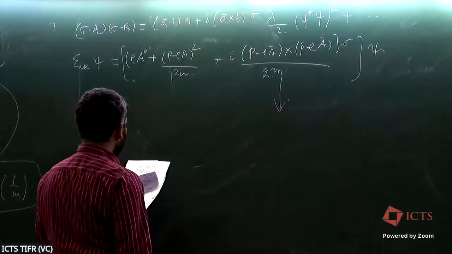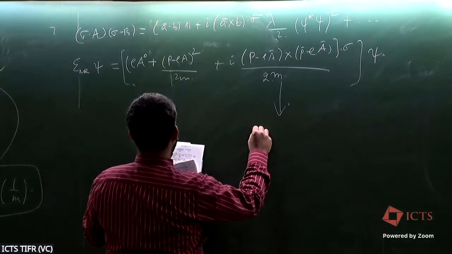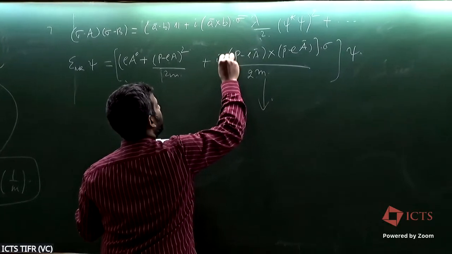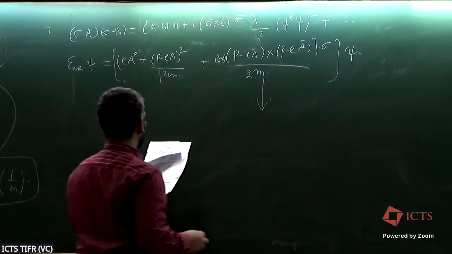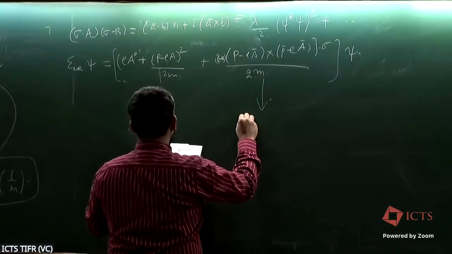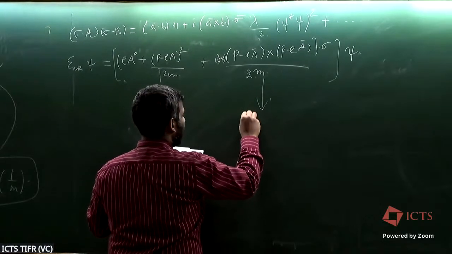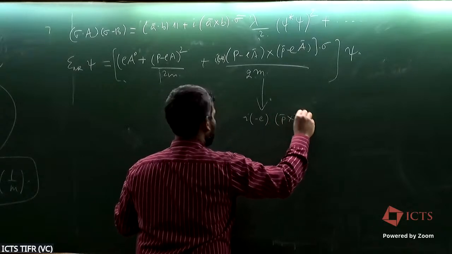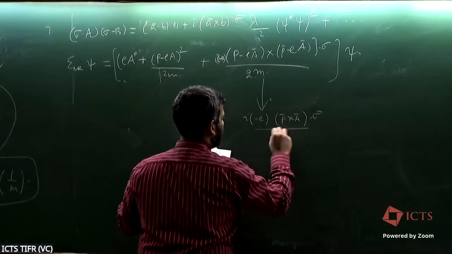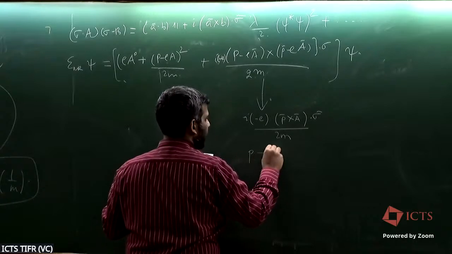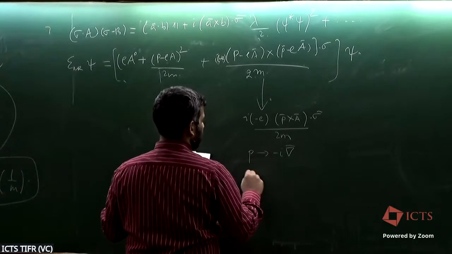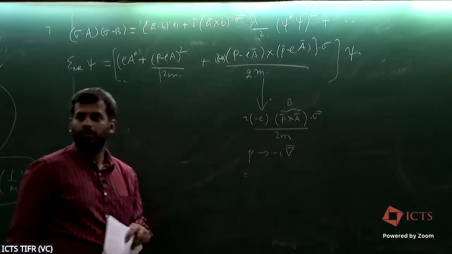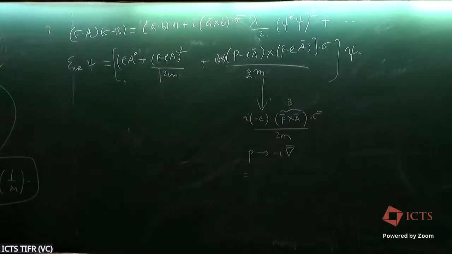There's a factor of i and E somewhere, so I'm sorry if I missed it, but you can massage this term and write this as −E (P × A)·σ over 2m. And if you identify with −i∇, this will directly give you a B field. Okay, all clear up to now?